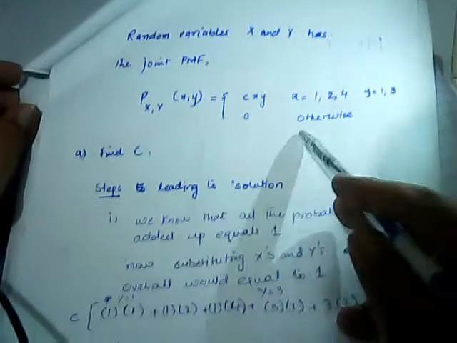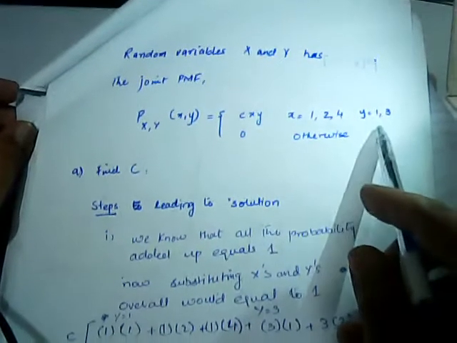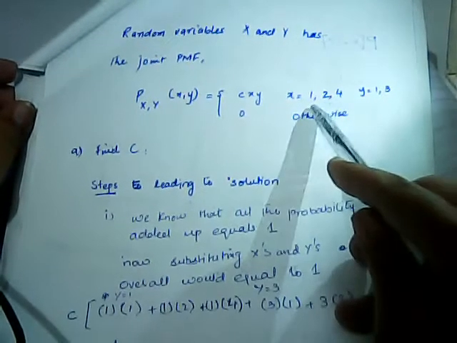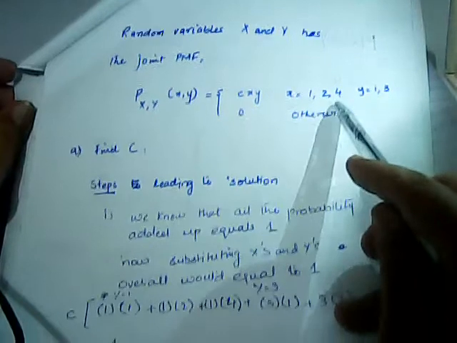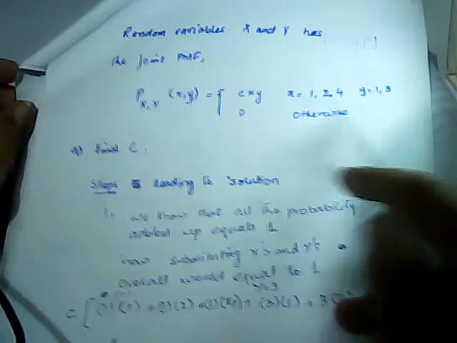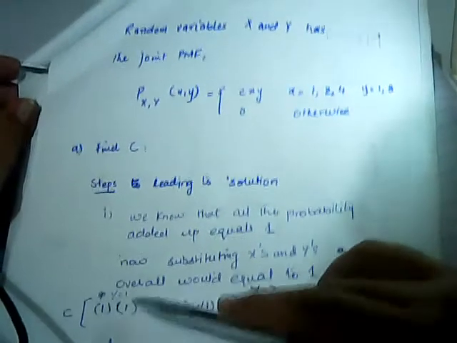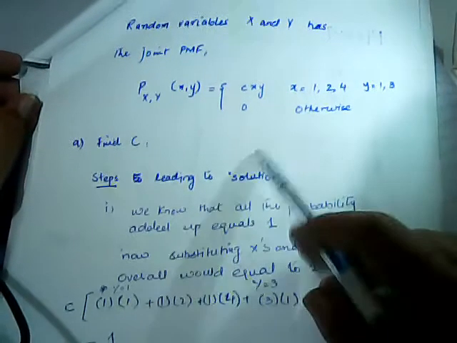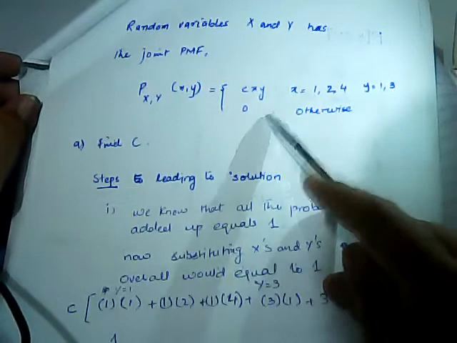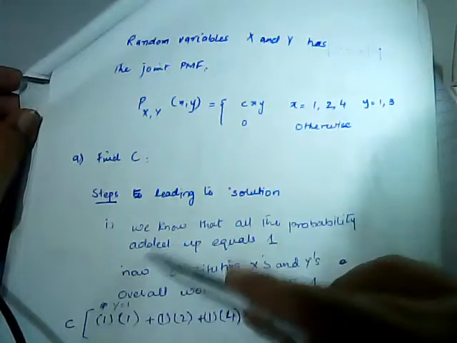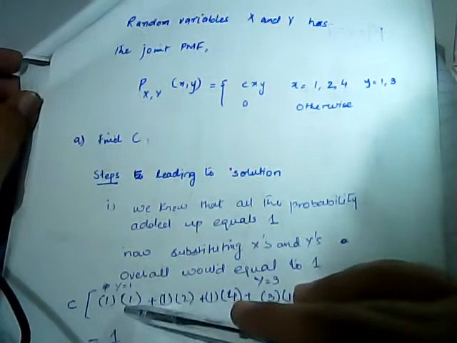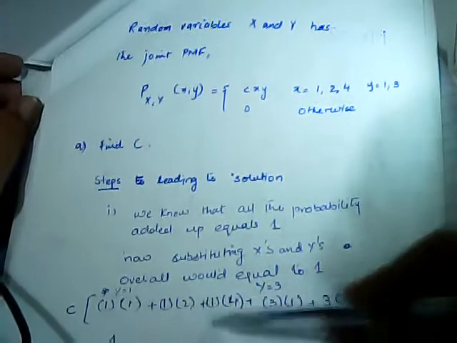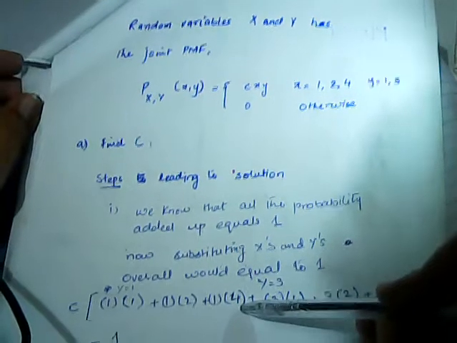You have to keep one variable constant for the whole range, that is 1 to 4. You keep y equal to 1, and you change the values of x accordingly: 1 is kept constant and x takes 1, 2 and 4.